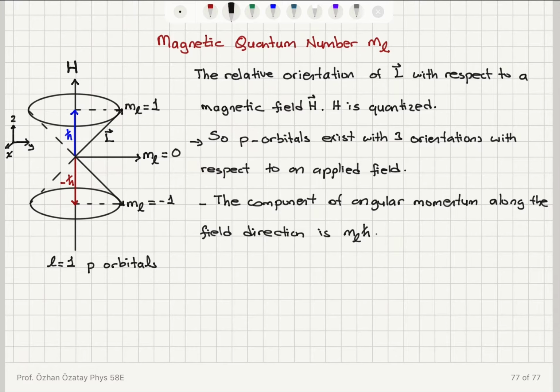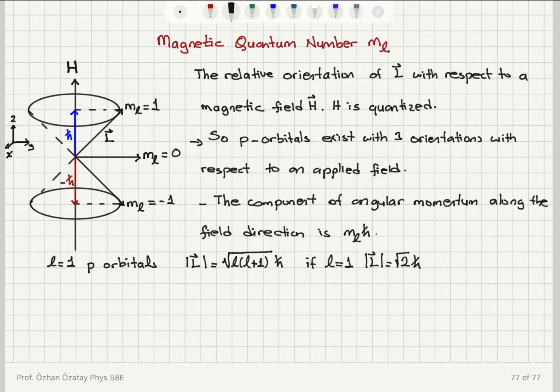Now we have the magnitude of the angular momentum, square root of L times L plus 1, times h bar. So if L is equal to 1, the magnitude should be square root 2 h bar.